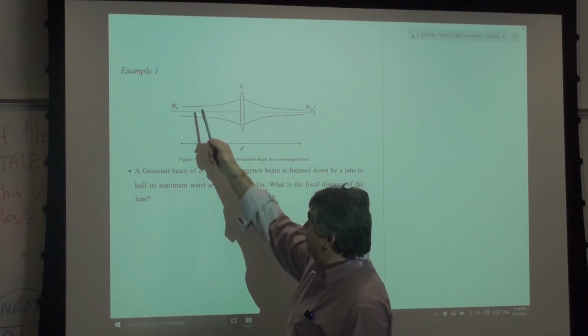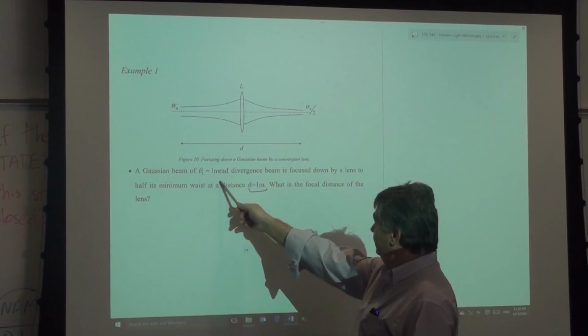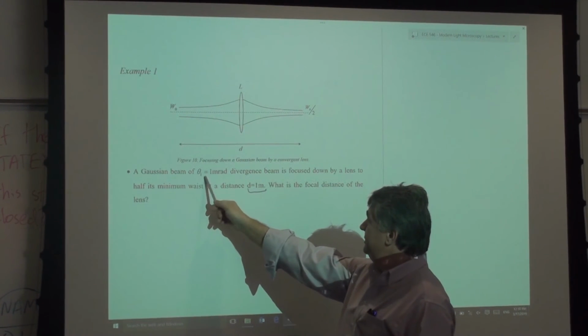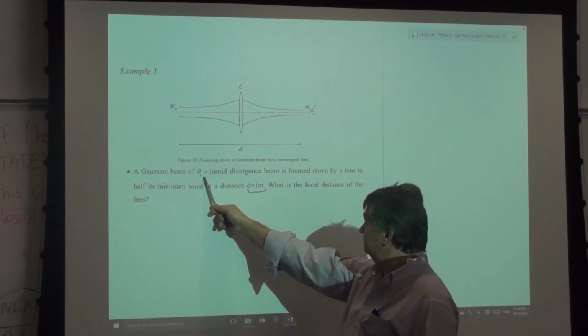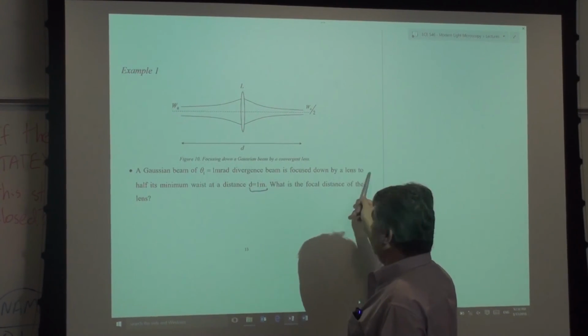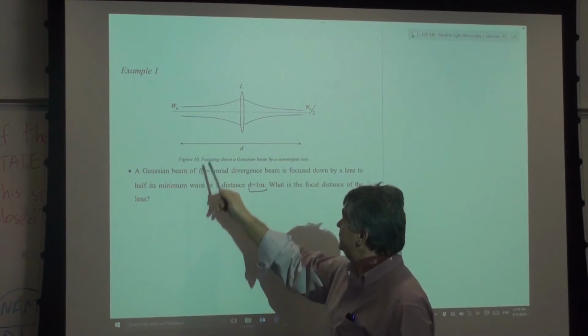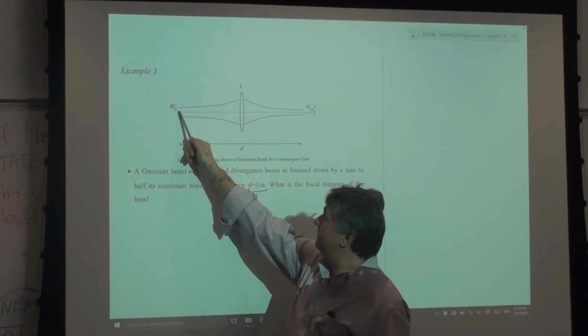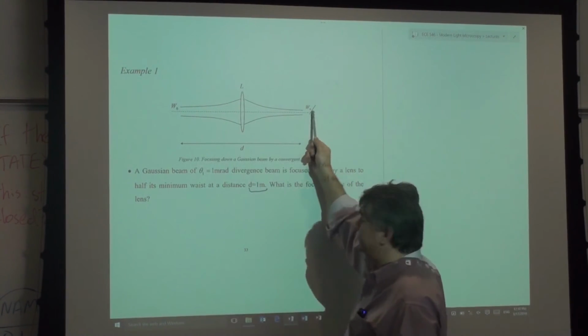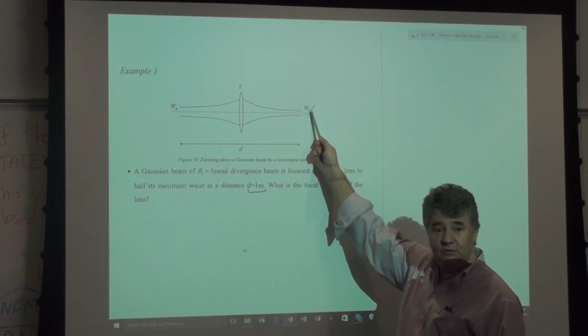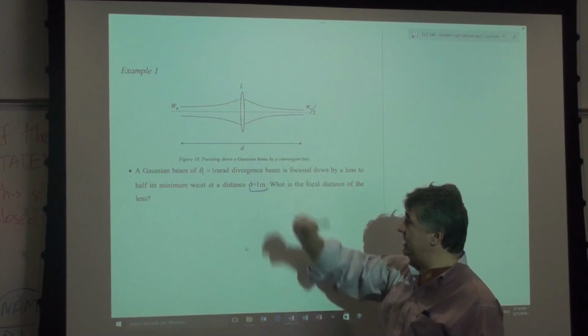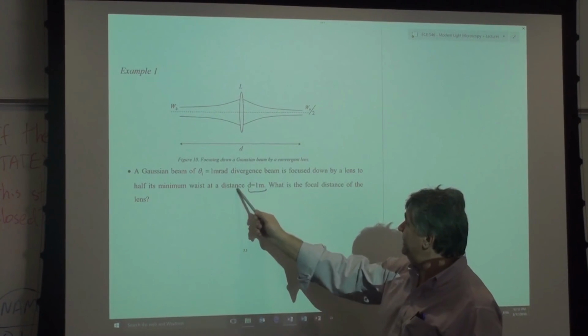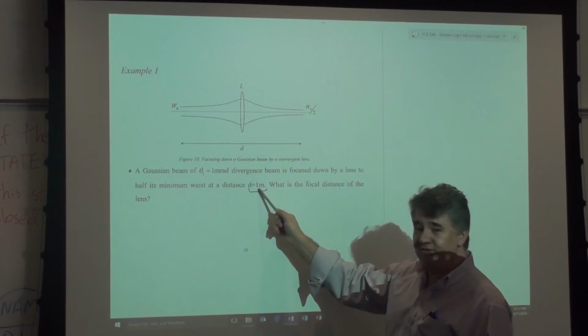I have an input beam, so let's read the problem. A Gaussian beam of this much divergence is focused down by a lens to half of its minimum waist. So I have an input waist, and I need to halve that waist with this lens. But it has to be done within a distance of 1 meter.